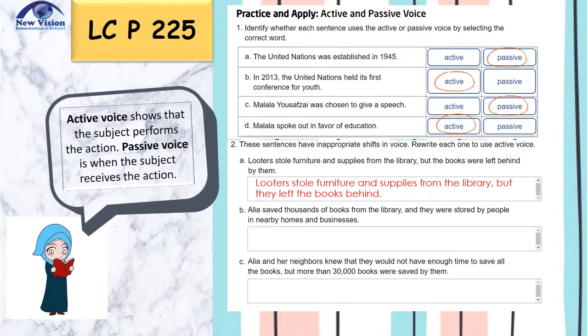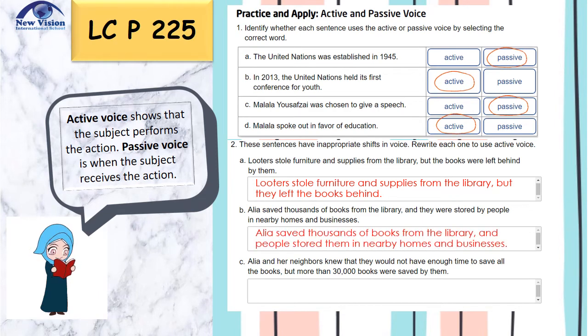Answer: Looters stole furniture and supplies from the library, but they left the books behind. B. Aliyah saved thousands of books from the library, and they were stored by people in nearby homes and businesses. Answer: Aliyah saved thousands of books from the library, and people stored them in nearby homes and businesses.